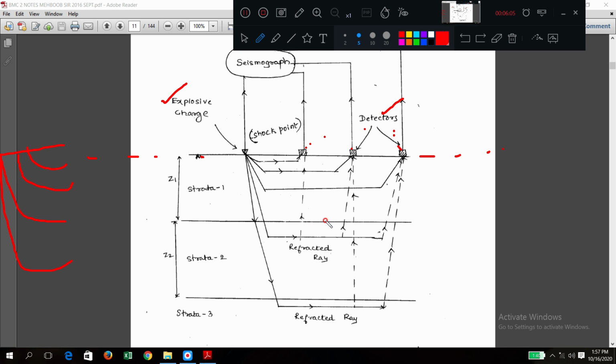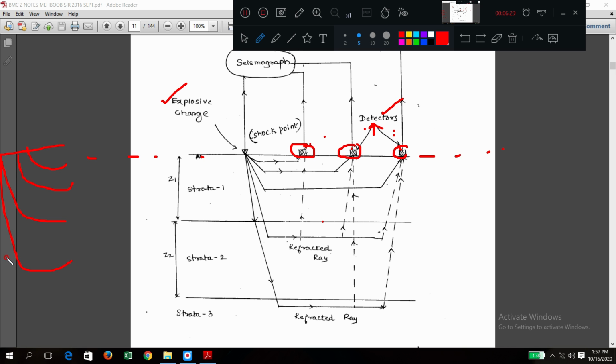From there they will hit and reflect back. So whenever there is a density change in the soil, they will get refracted and they will move towards the surface, and these signals are detected by the detectors.